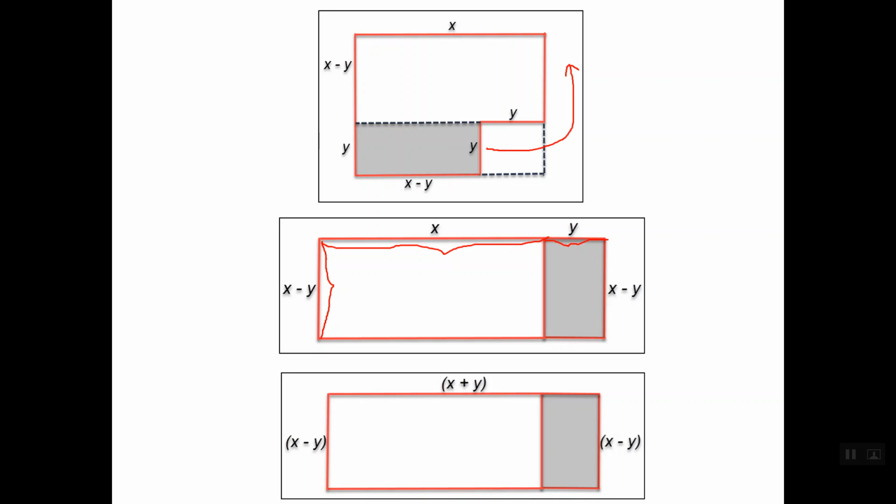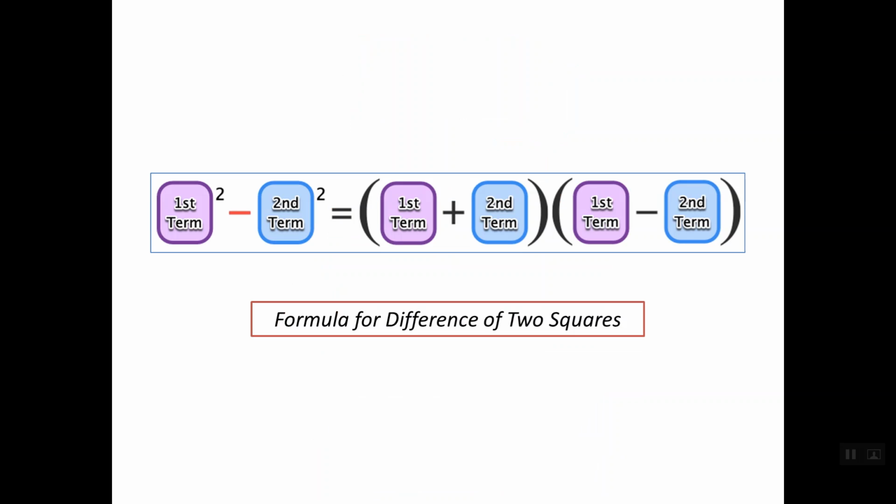So this proves that the value of x squared minus y squared is simply a rectangle of two dimensions. The first is x plus y, and the second is x minus y. This is the formula for the difference of two squares.